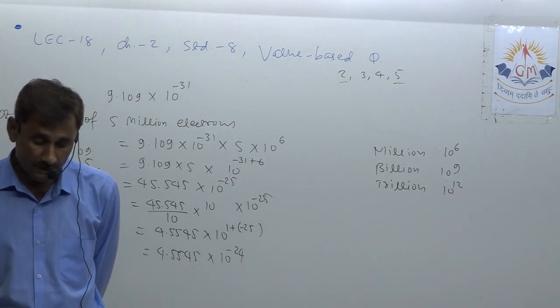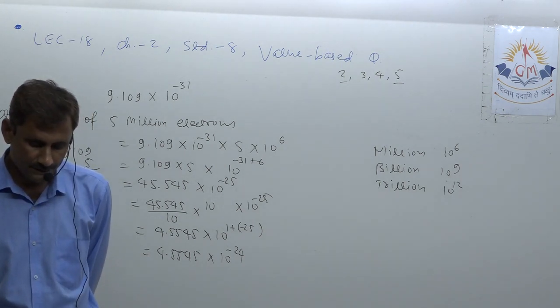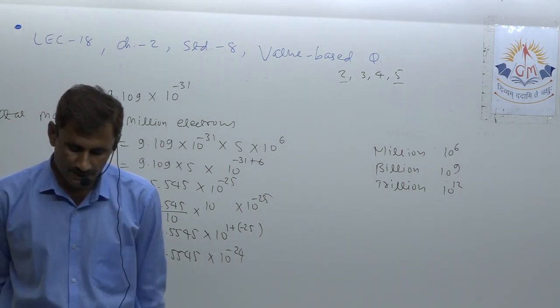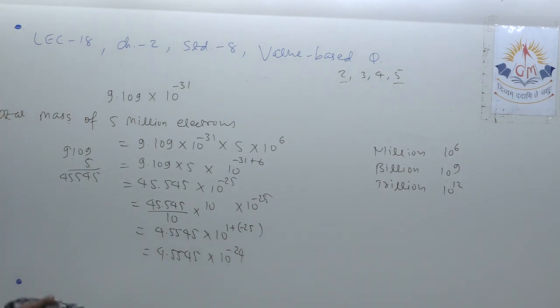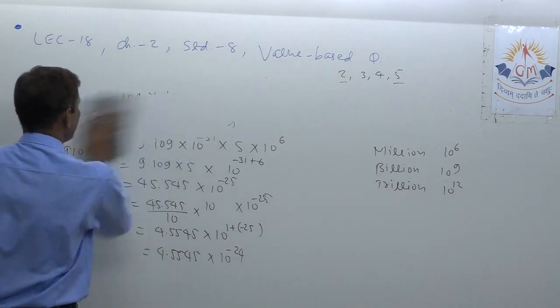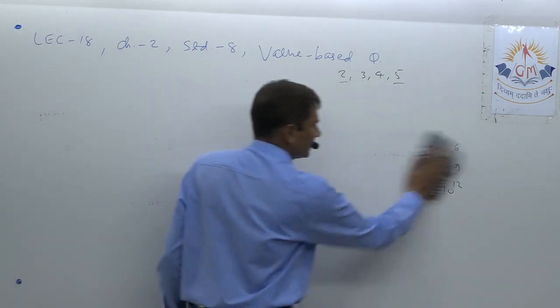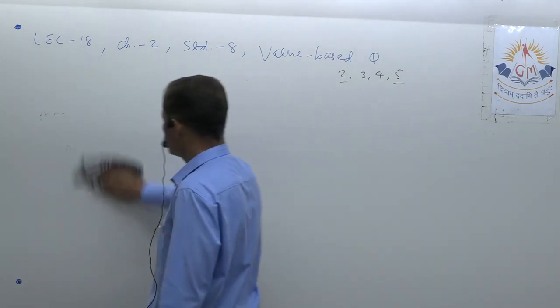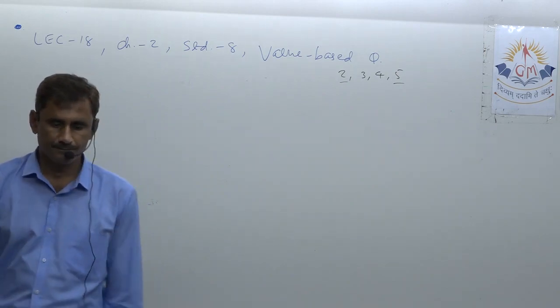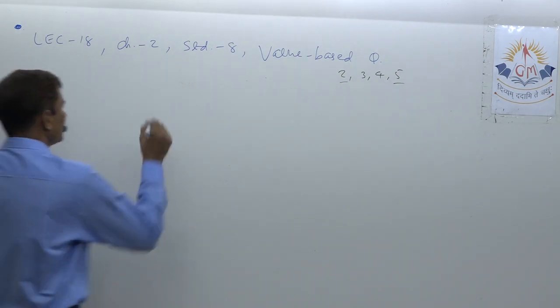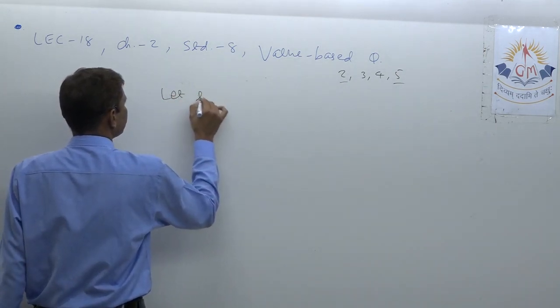Now MCQ, I start from MCQ only. If 10 less than a number is minus 10, then the number is? Every time you have to first of all suppose the number, whatever it asks, as x. So let the number be x.